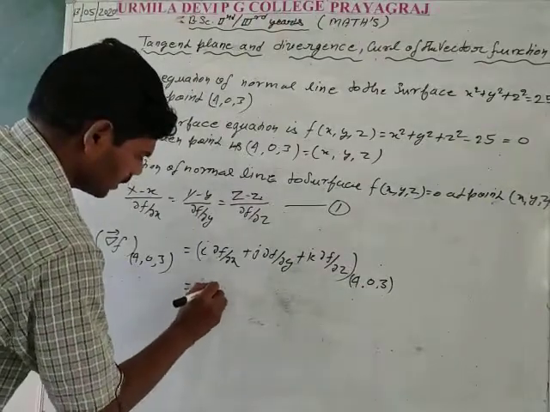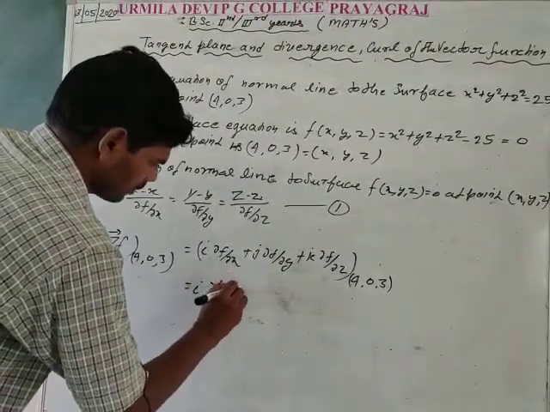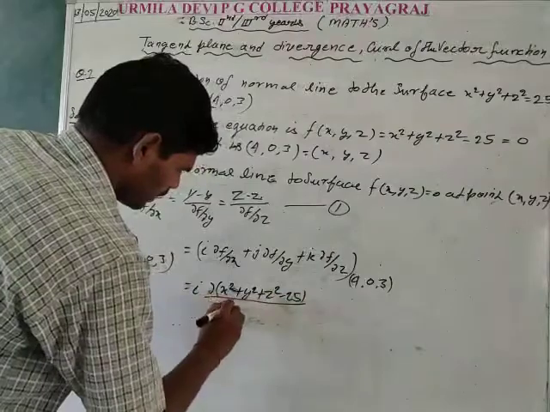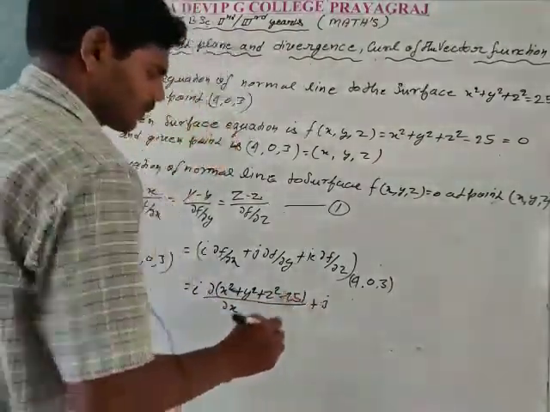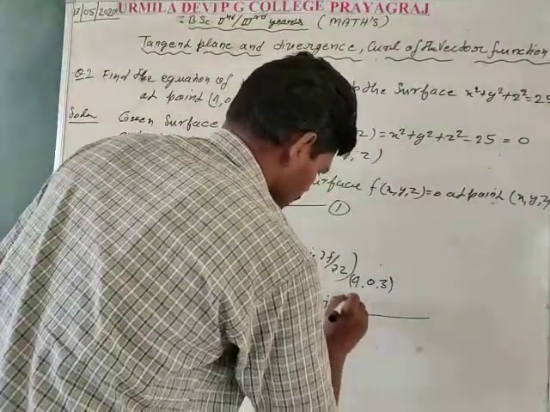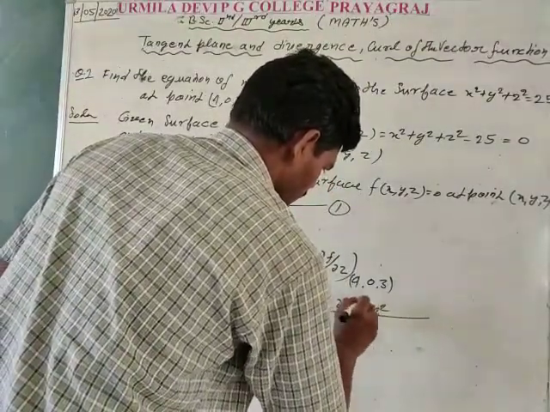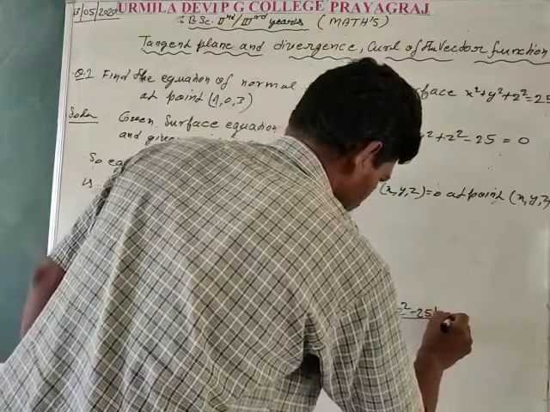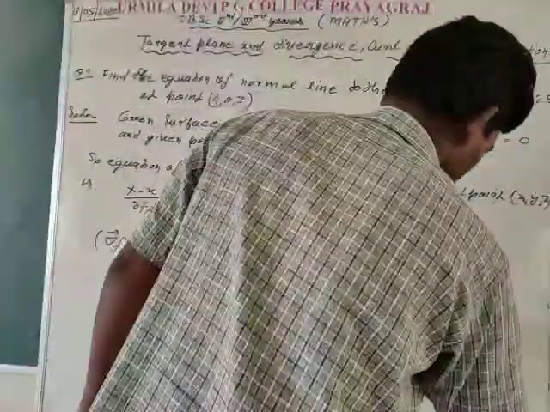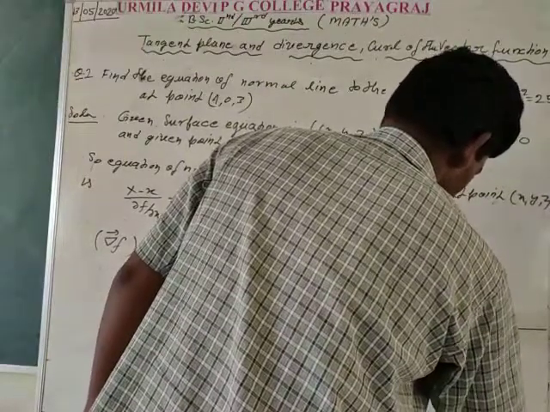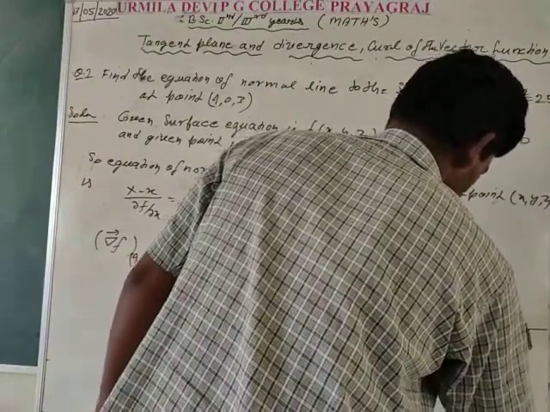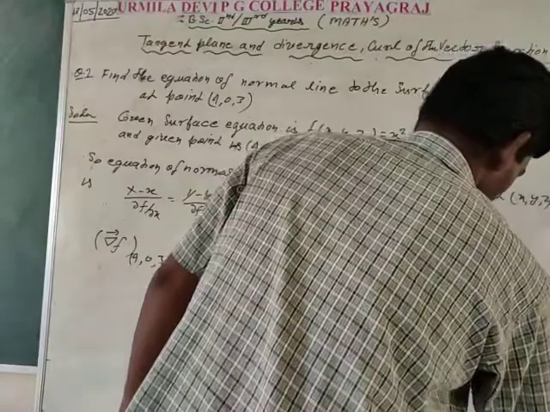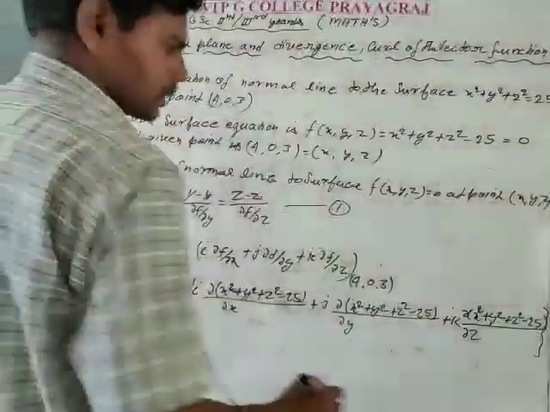So i times del by del x of x square plus y square plus z square minus 25, plus j times del by del y of x square plus y square plus z square minus 25, plus k times del by del z of x square plus y square plus z square minus 25, at the point 4, 0, 3.